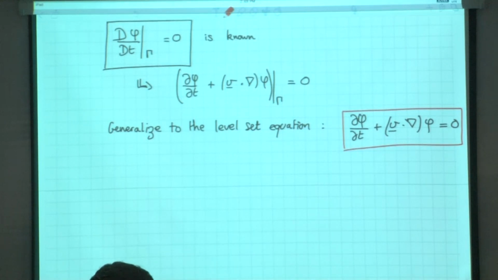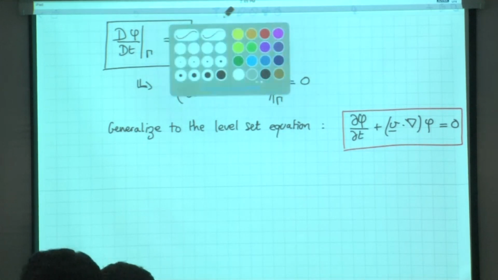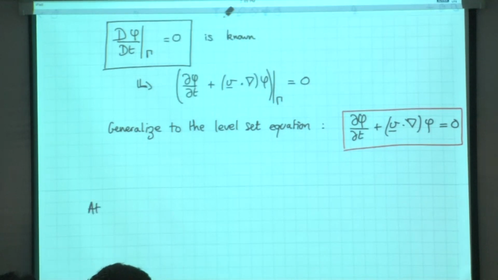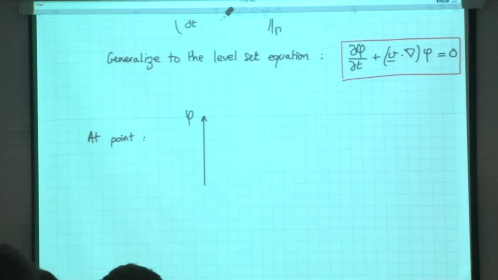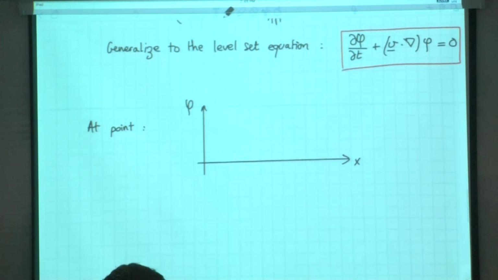That means that at this point, our phi function as a function of some x can be pretty much anything it wants.